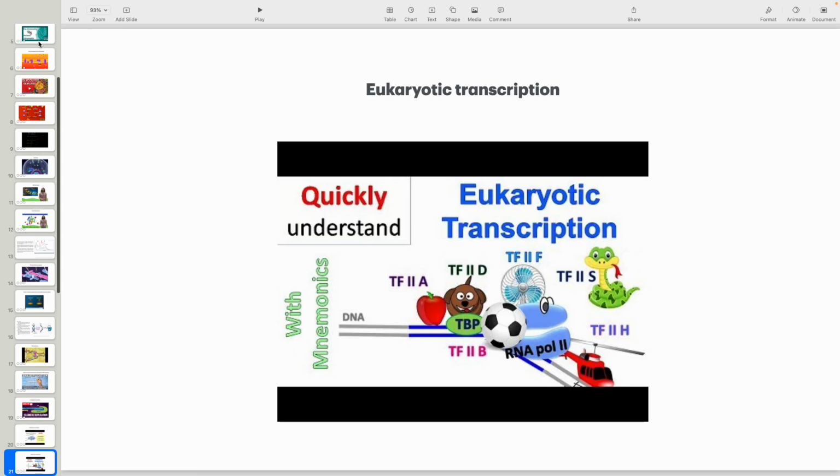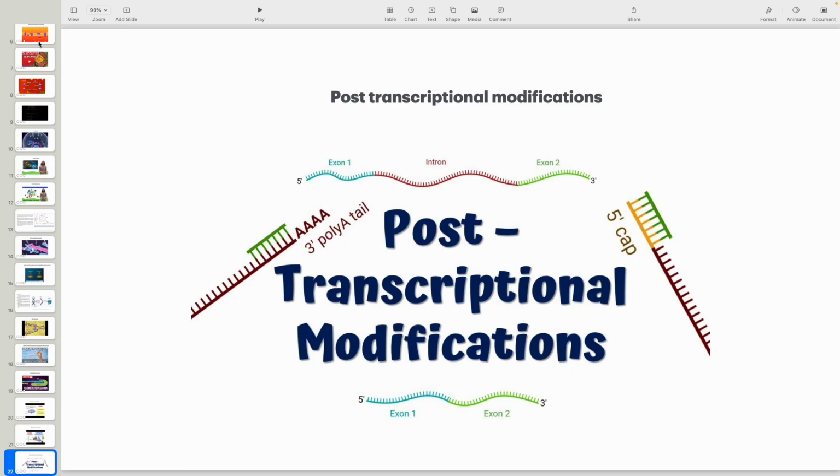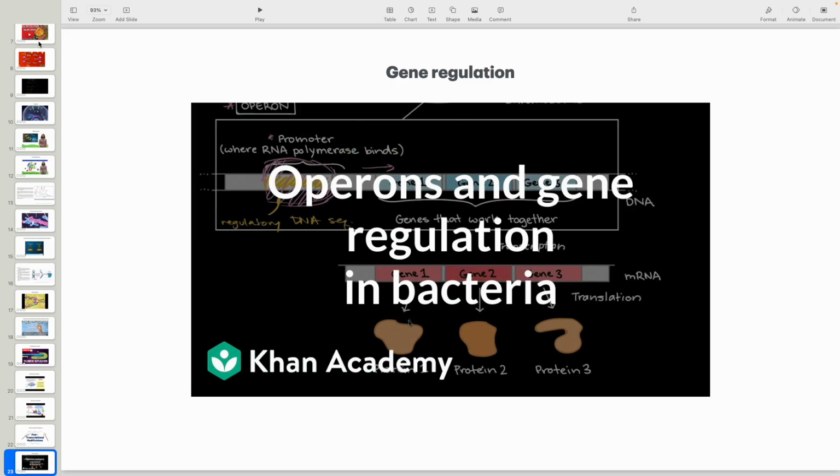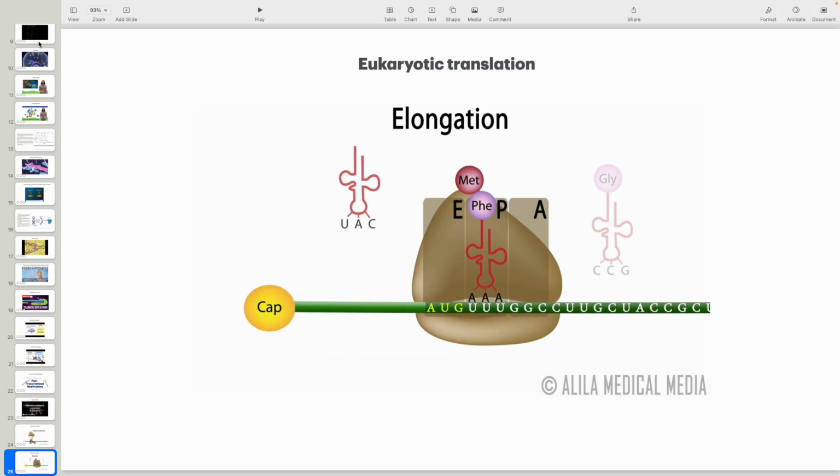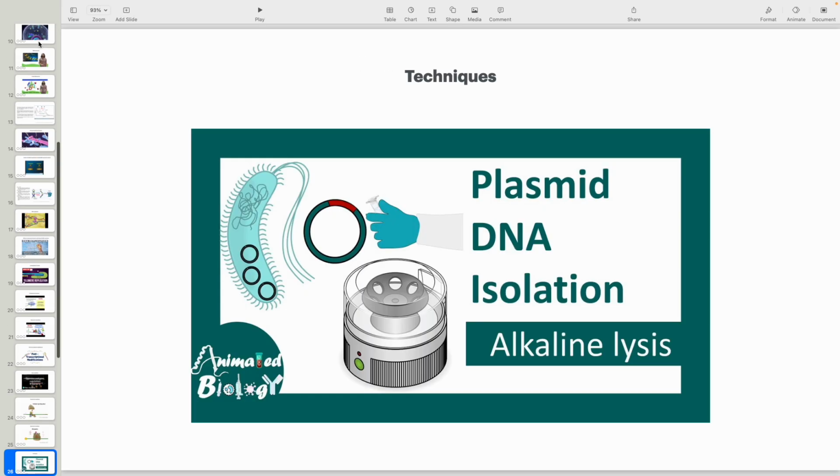prokaryotic transcription, eukaryotic transcription, post-transcriptional modification, gene regulation, prokaryotic translation, eukaryotic translation.